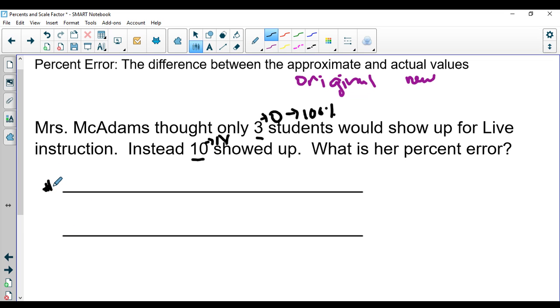So I'm going to set up my double number line. Now, since I know 10 is greater than 3, that means I'm going greater than 100%, so I'm going to put my 100% about halfway through the number line, just so I have room to work with on this side.